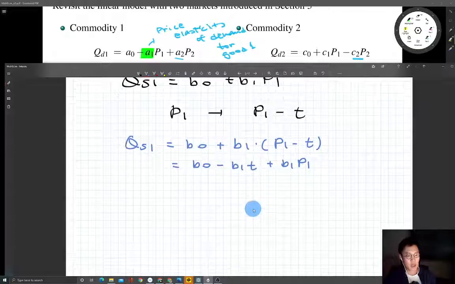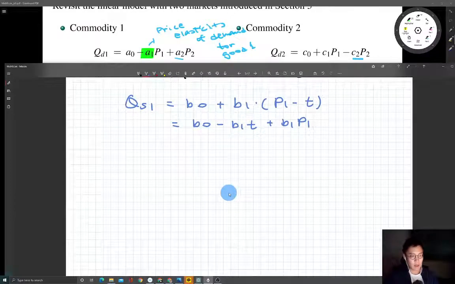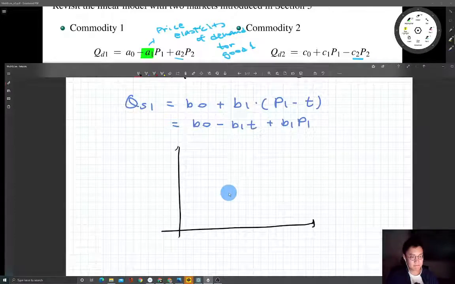Okay, so remember in economics, we put the price on the vertical axis and the quantity demanded or supplied on the horizontal axis.